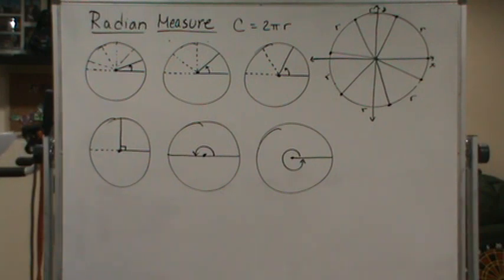So we can relate it to the idea of the circumference of a circle, and the arc length. Arc length corresponds to the same formula.